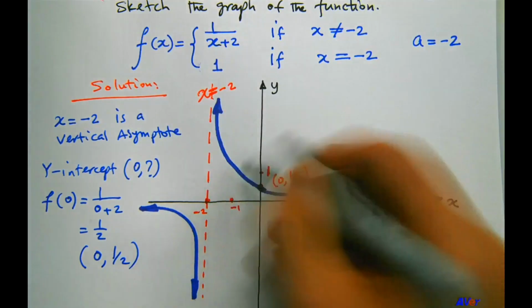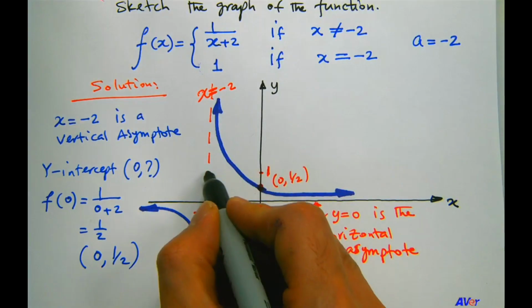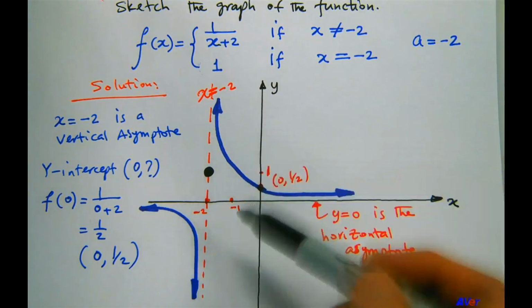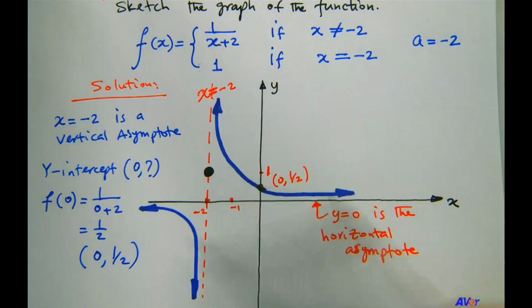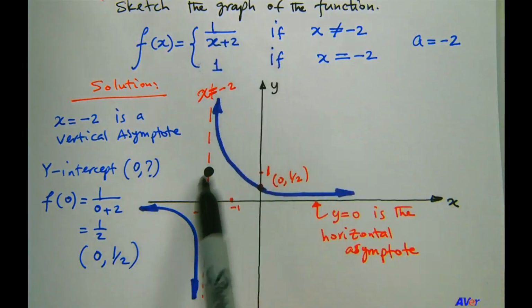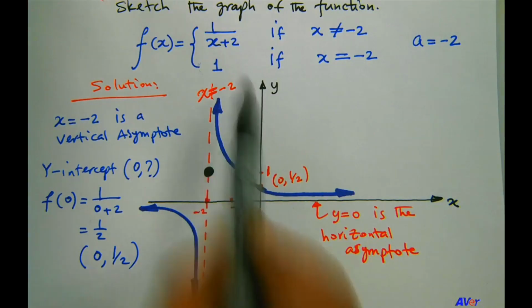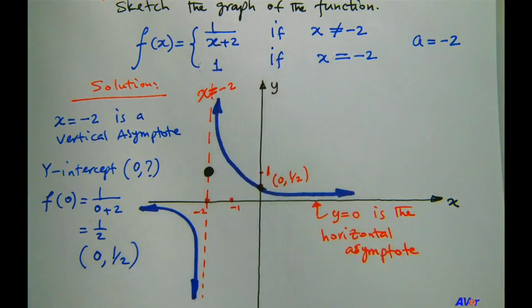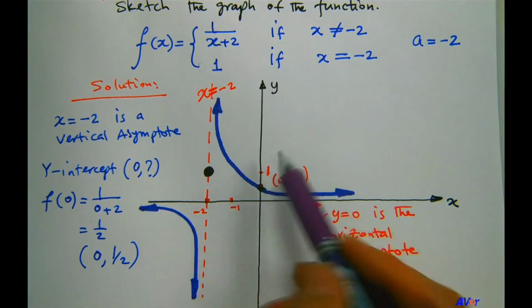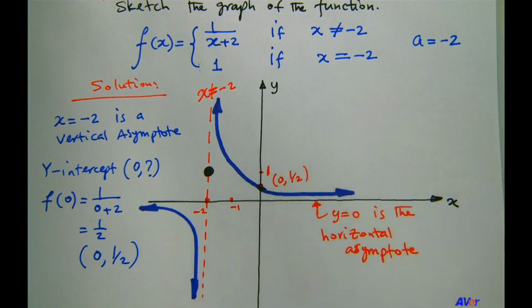So that would be a point, that point right there. So the full graph actually is these two lines for this piece, and then this dot by itself. Okay? So we know that the limit of the function at x equals -2 does not exist.